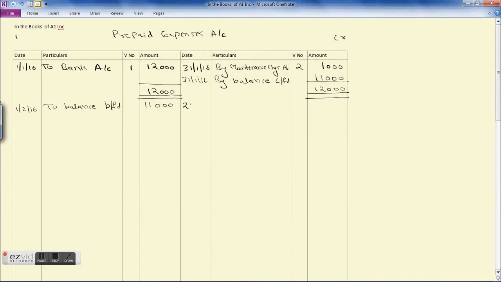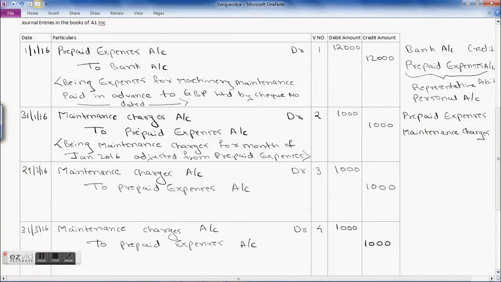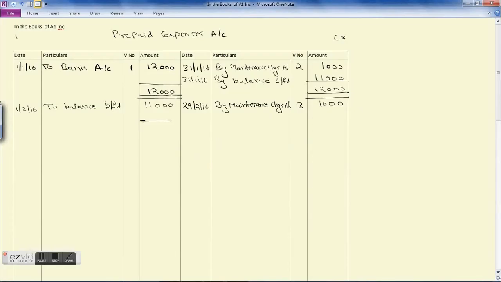Then prepaid expenses account has been credited. So on credit side, 29/2/2016 by maintenance charges account 1000, right? Now the next entry is on what? 31st March.